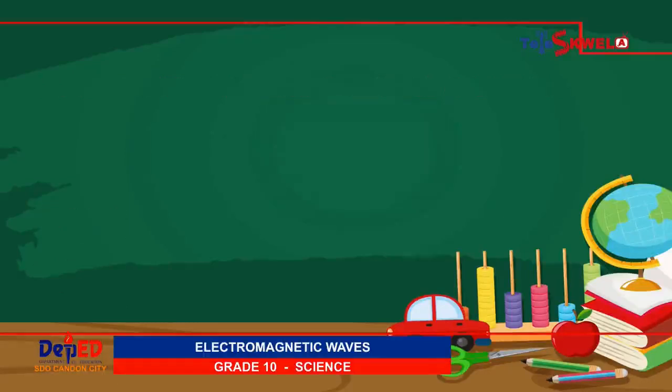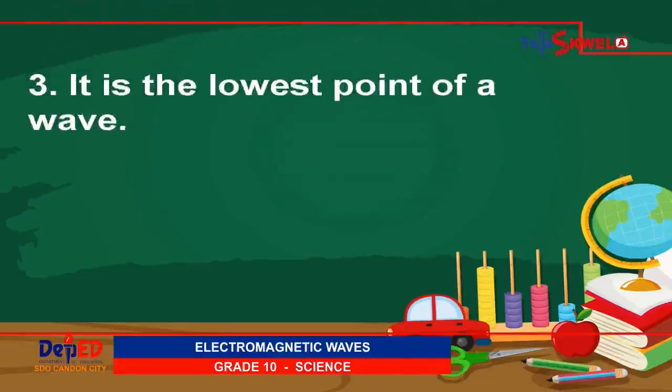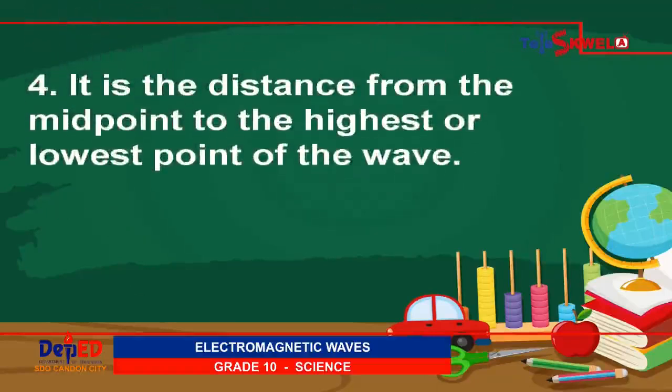Next, number 3. It is the lowest point of a wave. The answer is trough. Did you get it? Very good. Number 4. It is the distance from the midpoint to the highest or lowest point of a wave.